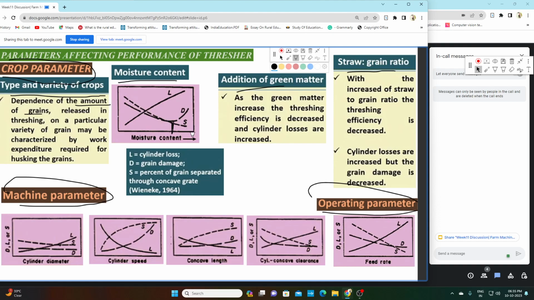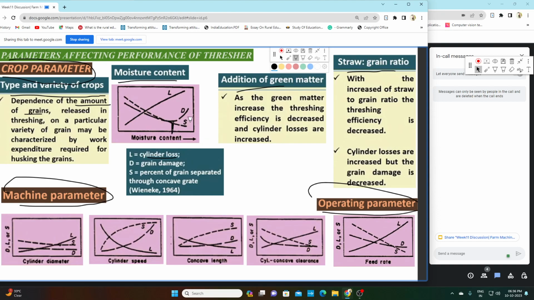So again I am repeating, there are three things that we are talking about. First is cylinder loss, which will increase whenever the moisture content increases. Grain damage will first decrease, reach a minimal, and then increase. Then S is the percentage of grain separated through the concave grate, which will decrease as we increase the moisture content.